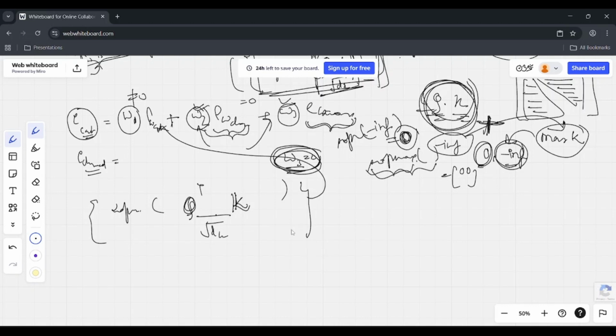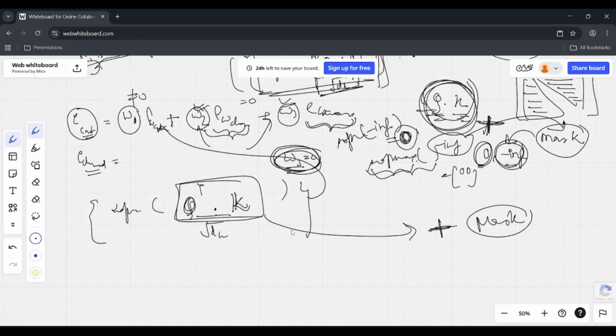Now what we are saying is that instead of directly doing everything like this, we take this matrix and add it with a mask matrix, which we are calling mask. And this mask matrix is nothing but a matrix of zeros and minus infinity.